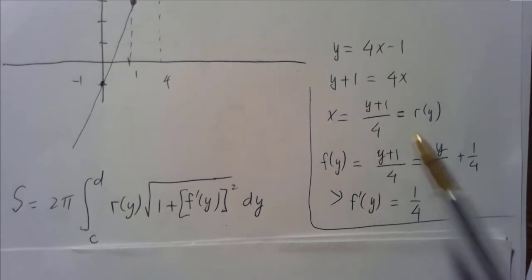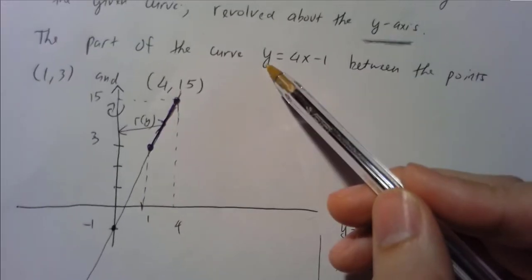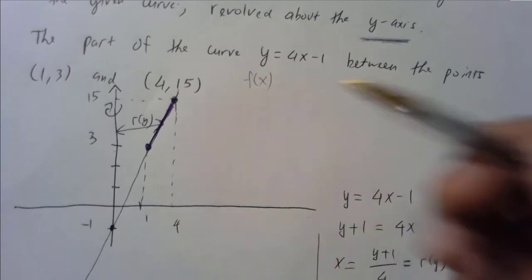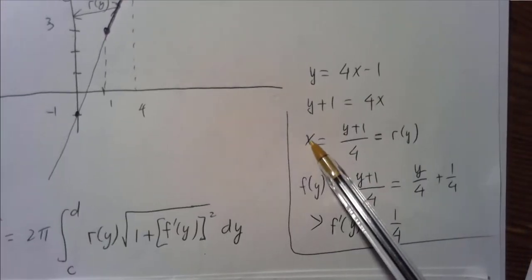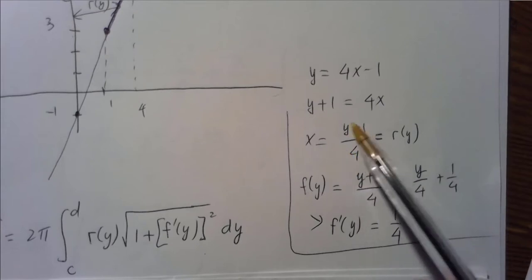And then f of y is the function in terms of y. This is f of x, y equals 4x minus 1. This is also known as f of x. So to solve for f of y, all you do now is you are solving for x, and the x is just f of y, because this is the function in terms of y.